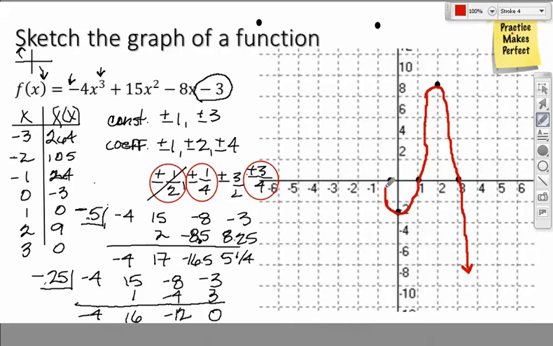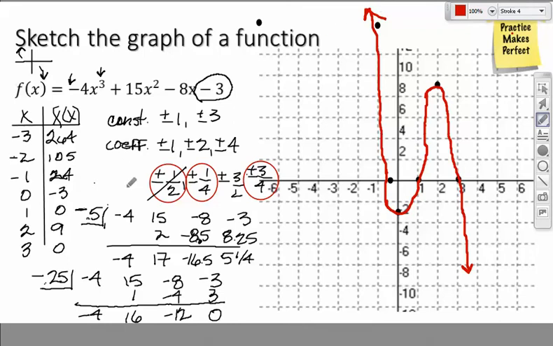If I was doing this on paper, well, I didn't quite cross it, but y'all know what I'm doing. There we go. If I was doing it on paper, I'd actually turn the paper sideways and write on it that way. But I can't do that with my pad. So that's how you sketch the graph.